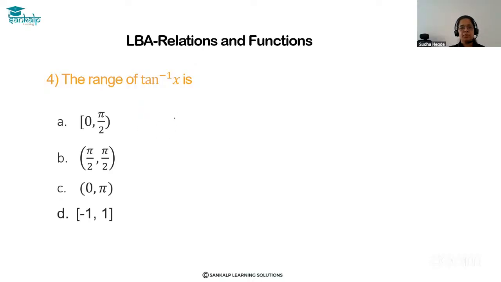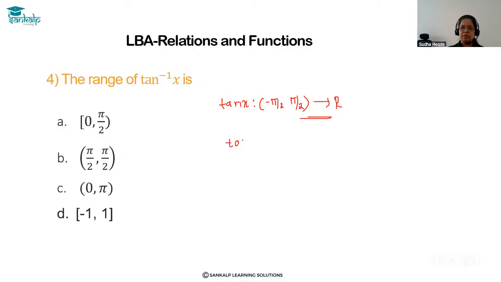Hi everyone. The question is the range of tan inverse x. So tan of x is bijective in the domain minus pi by 2 to pi by 2 and the range is R. It is bijective means it is invertible.